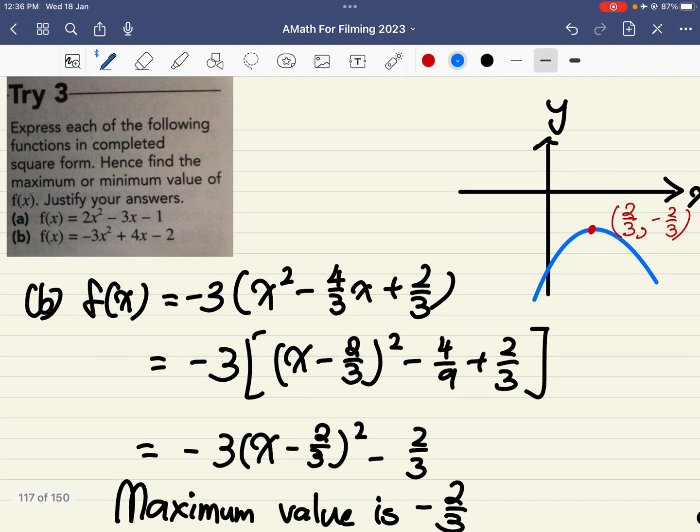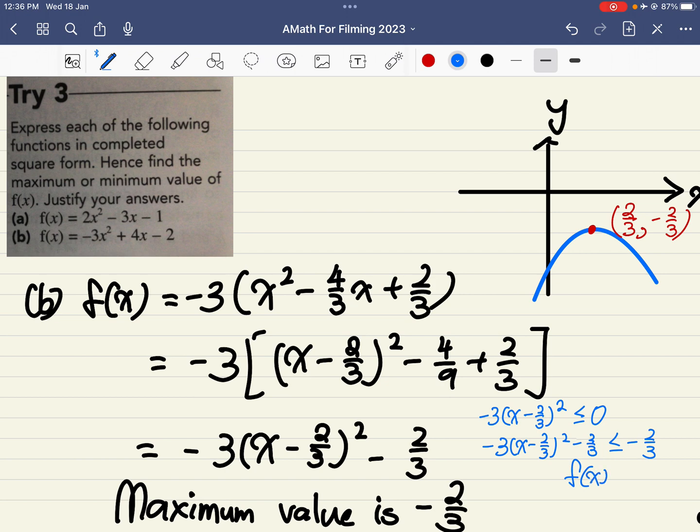So I will say this: -3(x - 2/3)² will always be less than or equal to 0. Then -3(x - 2/3)² - 2/3 will be less than or equal to -2/3.